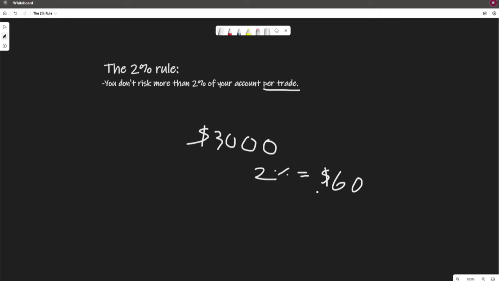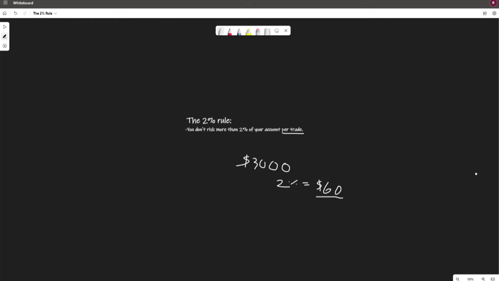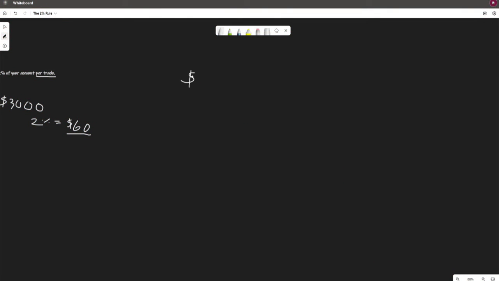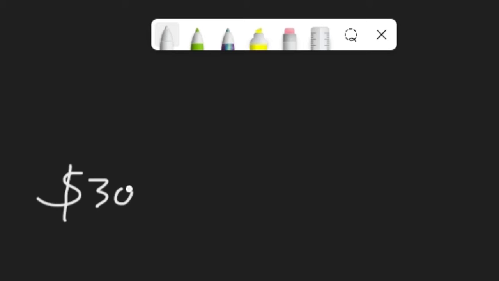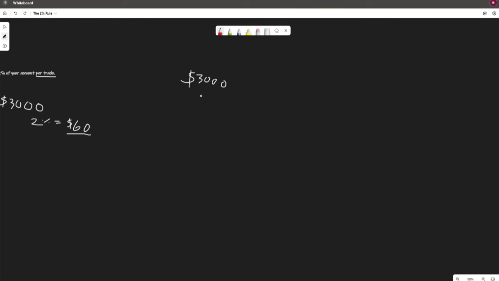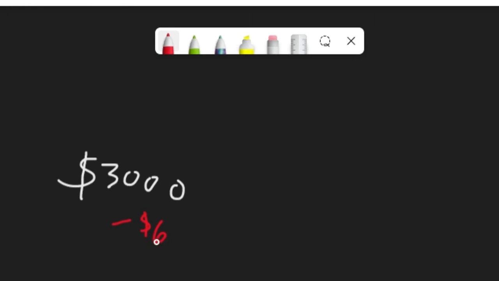So per trade, we are only risking $60 per trade. So if the trade hits our stop loss, we're only going to be losing $60. Let me just give a simple example. Since you know that your account is $3,000, you can only risk a $60 loss.